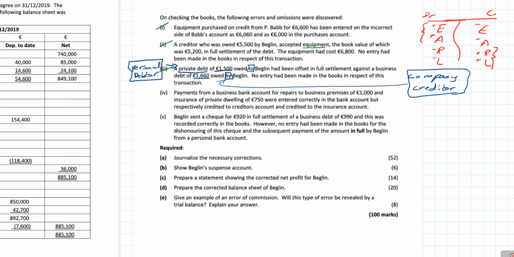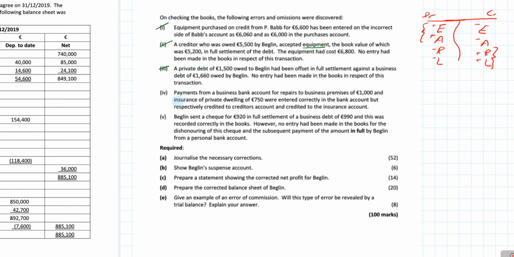So going on to part 4. So payments from a business bank account. So it's our bank account for repairs. So that's an expense. To business premises of 1,000 and insurance of private dwelling, so private, of 750 were entered correctly in the bank account, but respectively credited to the creditor's account and credited to the insurance account.